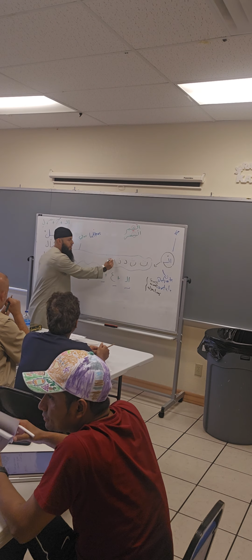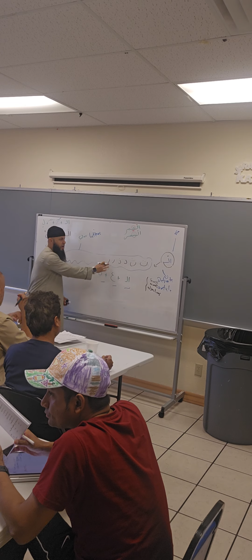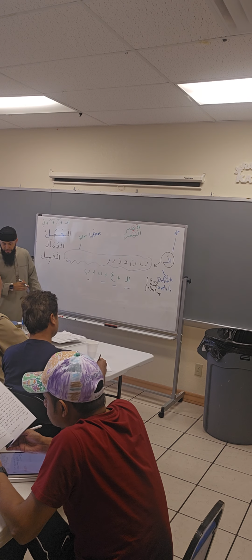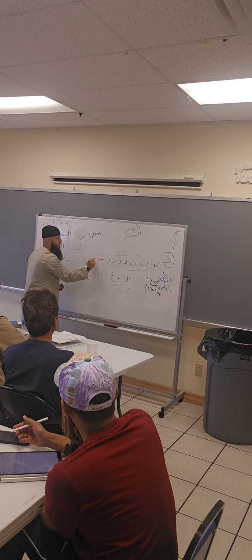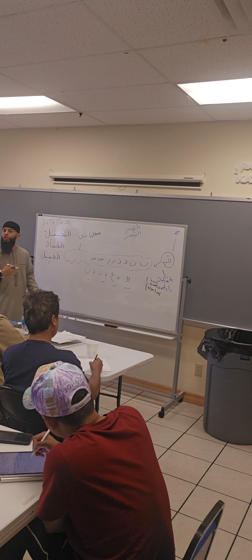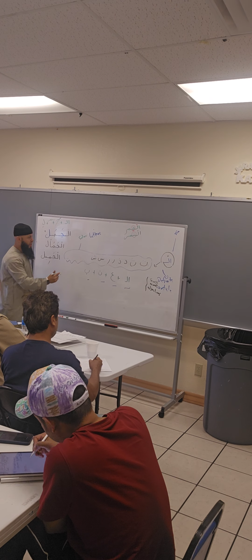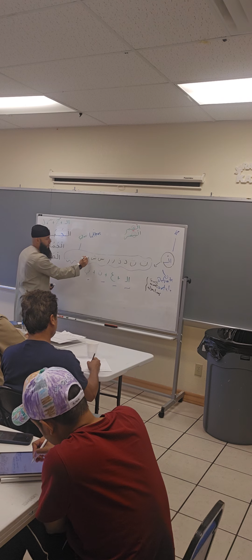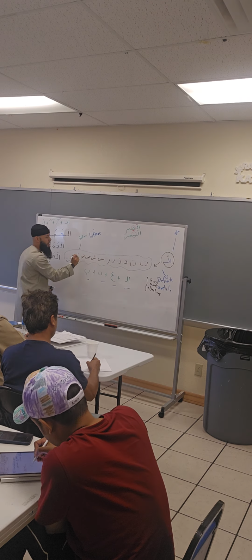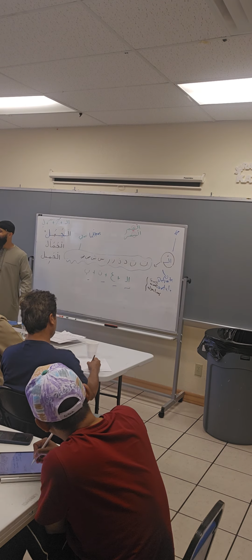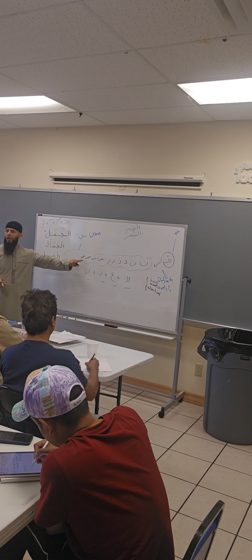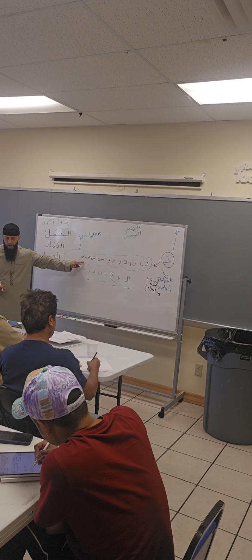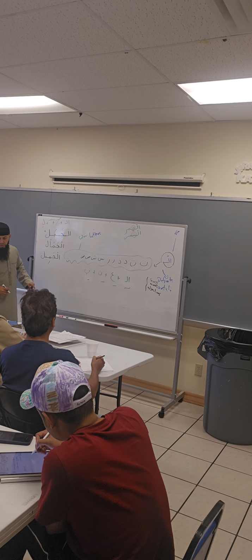Ta, tha, da, tha, ra, za, sa, sha, sa, ba. This is ba. It's like a D in English but heavy. So we have sa, ba, ta, va.